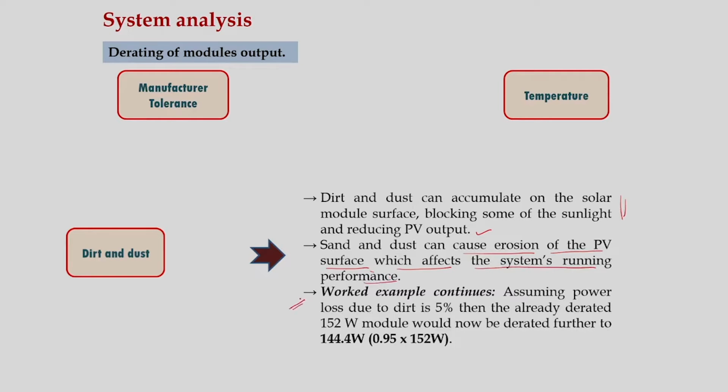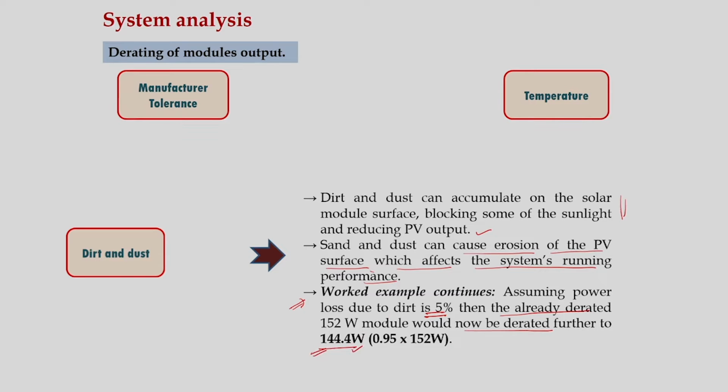If we consider 5% losses in this case, and continue with the problem we initiated in the last slide, we will get a value of 144.4 watt.